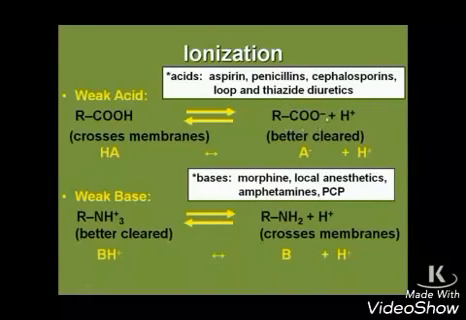If you're a big fan of chemistry, then go ahead and write out your carboxyl groups. When it comes to weak bases, again, B for base instead of the amine group, but once again a hydrogen is attached to the drug, and that gives it a positive charge. So the BH+ form, the ionized form, is on the left, and the B form on the right is the non-ionized form of the drug.